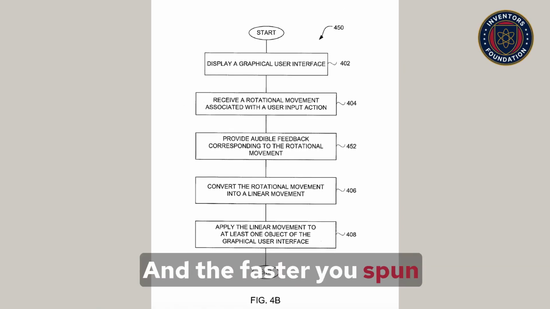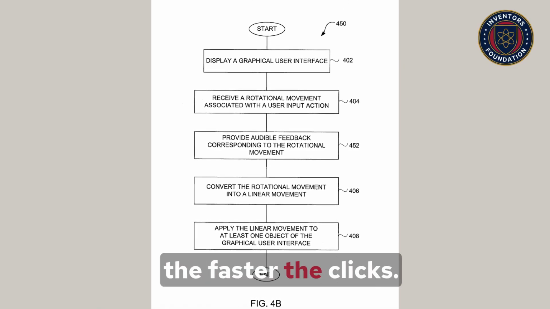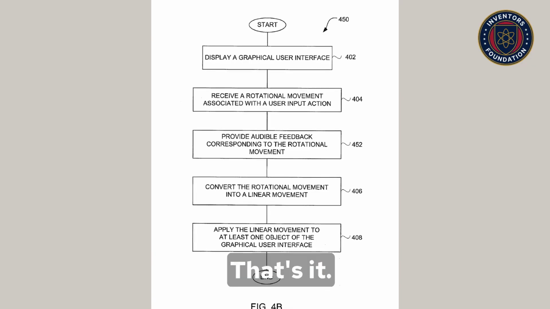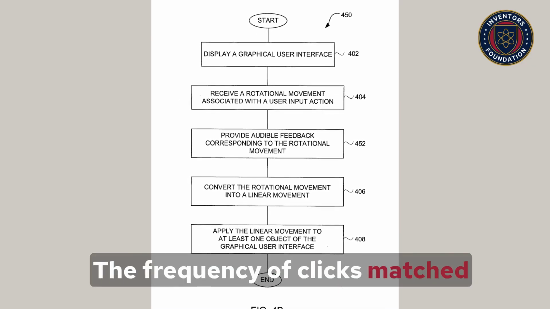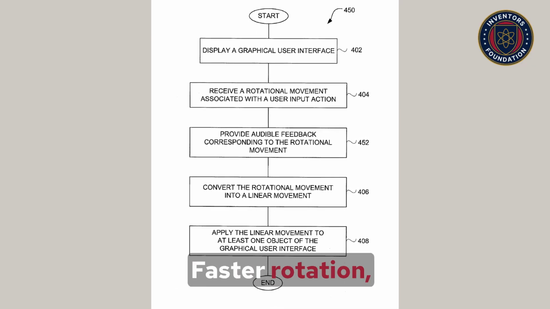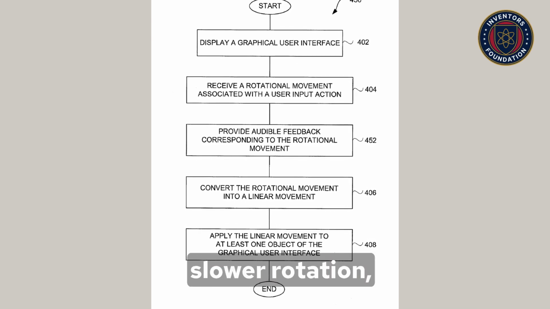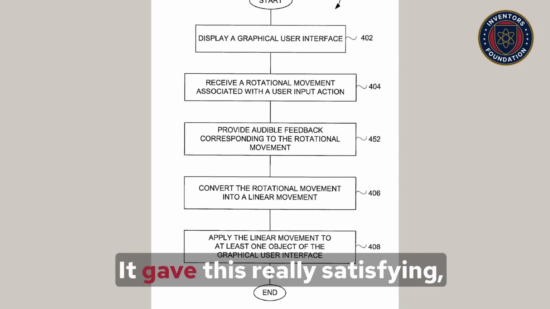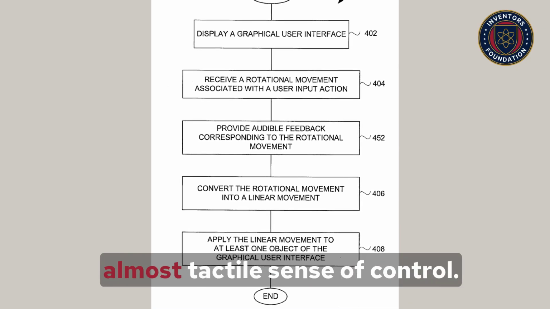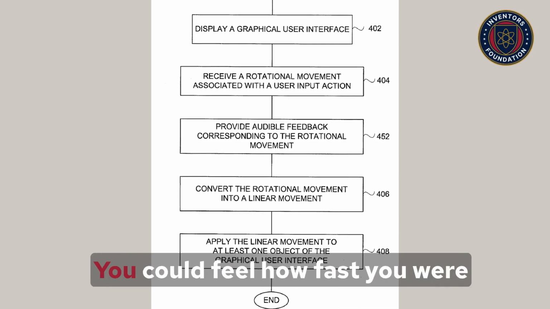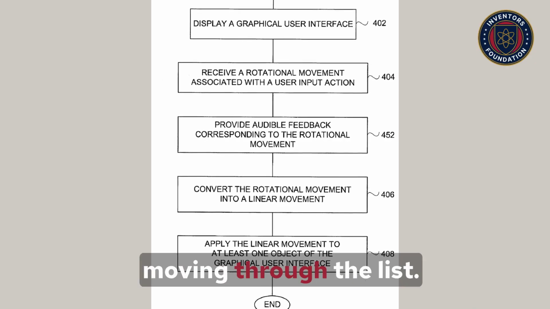And the faster you spun, the faster the clicks. That's it. The frequency of clicks matched your rotation speed. Faster rotation, more clicks per second. Slower rotation, fewer clicks. It gave this really satisfying, almost tactile sense of control. You could feel how fast you were moving through the list.